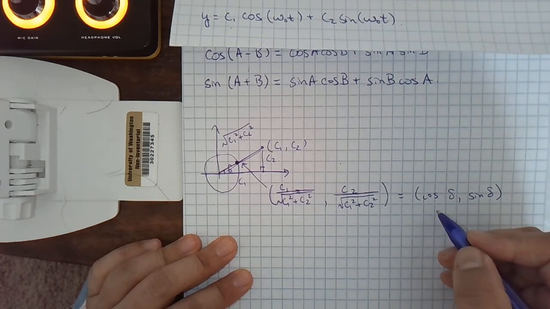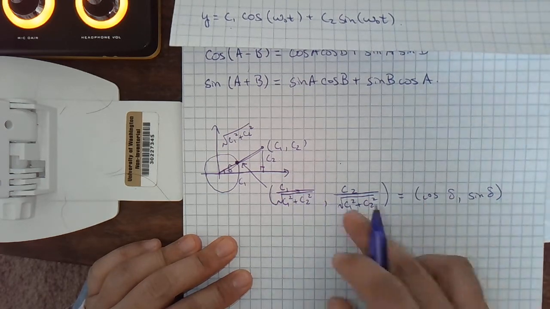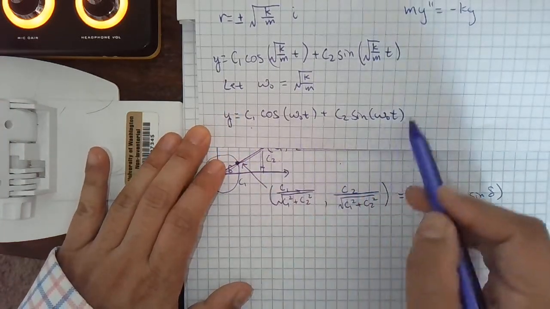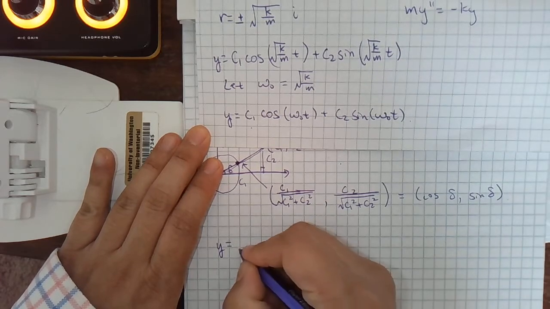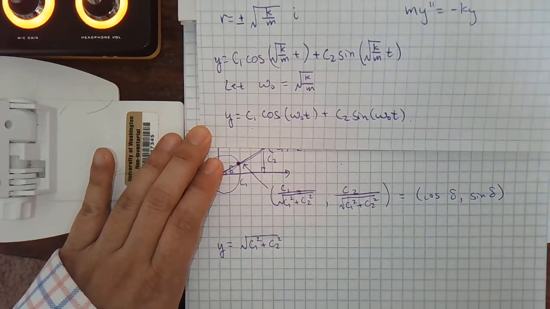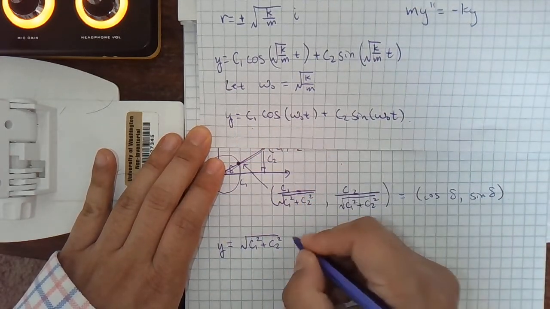Okay, so what does that mean? That means my cosine delta is this number, and my sine delta is this number. So I'm actually, for once, going to make this equation uglier. I'm going to factor out a root of C1 squared plus C2 squared. I didn't actually have that here, so when I factor it out, it shows up in the denominator.